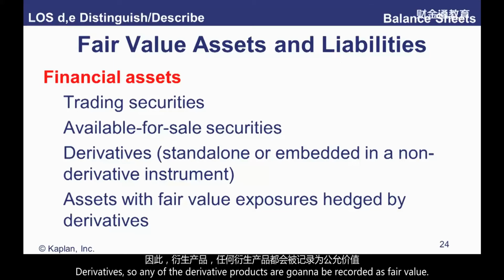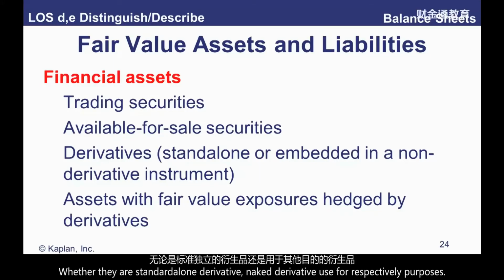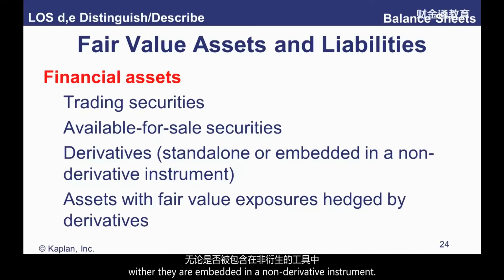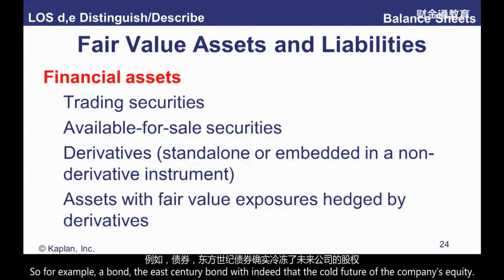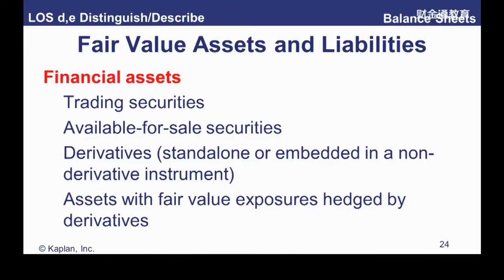Derivatives, so any of our derivative products are going to be recorded at fair value. Whether they're standalone derivatives, naked derivatives used for speculative purposes, or whether they're embedded in a non-derivative instrument. So for example, a callable bond is essentially a bond with an embedded call feature on the company's equity.